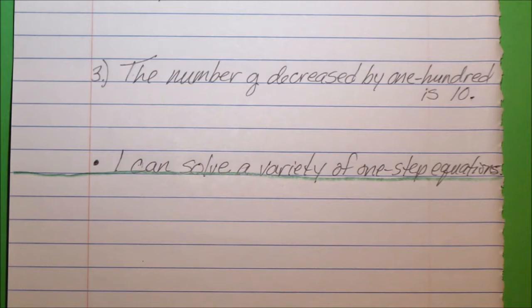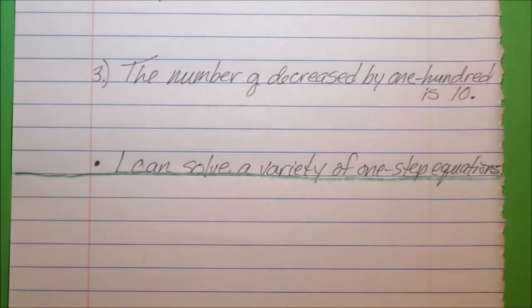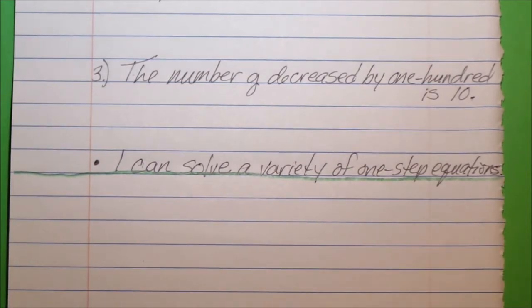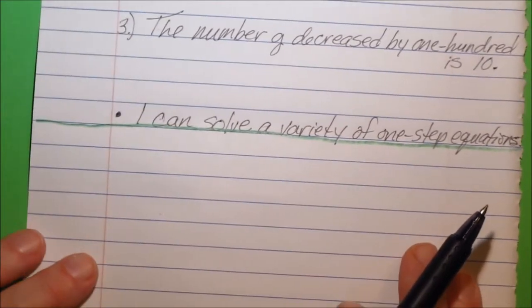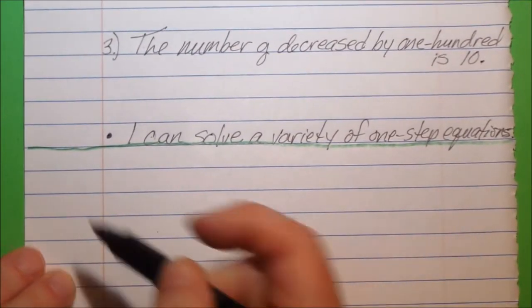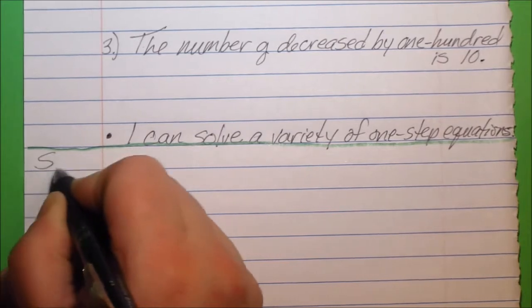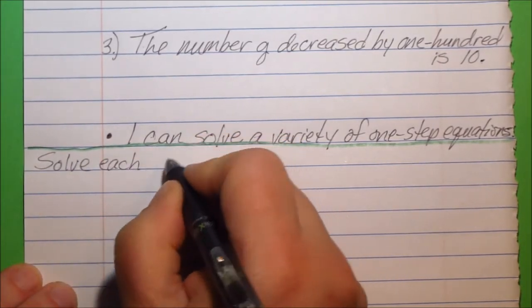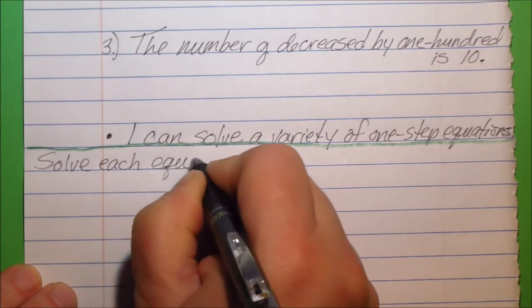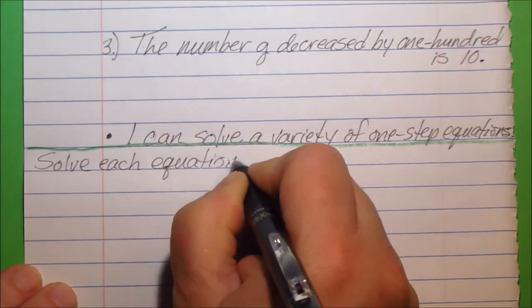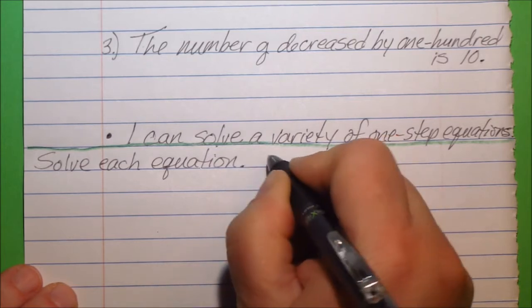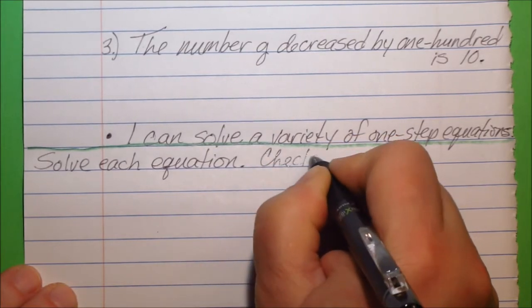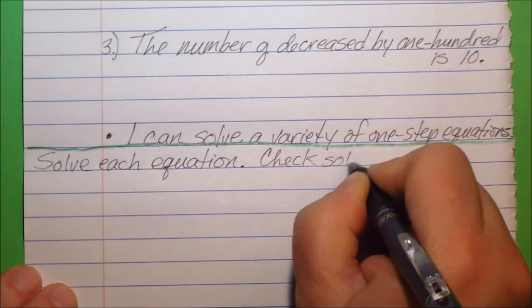Okay, so what I will be doing for our notes is just giving an example of each of the 4 different types, and that's it. That's all we'll do for notes on this one. Okay, all right, so the instructions for these problems are: solve each equation, check solution.